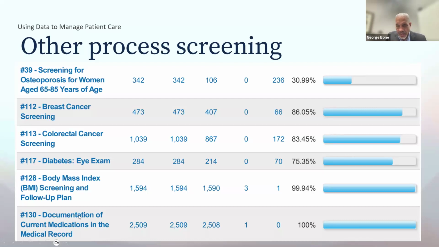And we have to do better for osteoporosis bone density screening, but expectedly doing very well with the documentation of current medications and BMI screening.